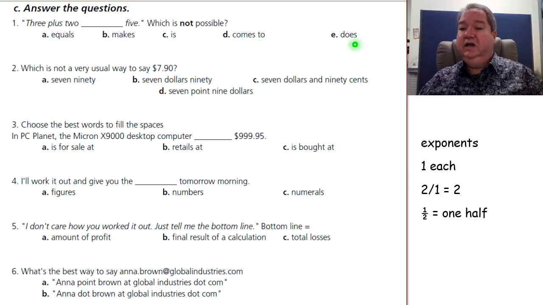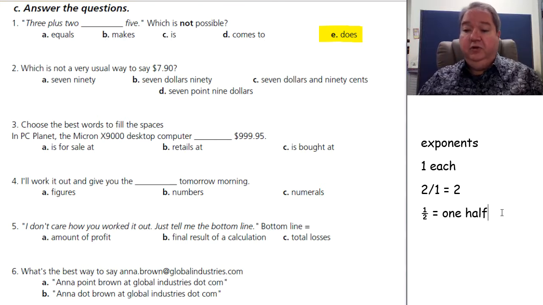Or 3 plus 2 does 5. Which one does not work? Which one is not possible? That would be does. Okay? Equals 5. 3 plus 2 makes 5. That makes sense. 3 plus 2 is 5 instead of equals. We can say is. Or comes to means the result is.